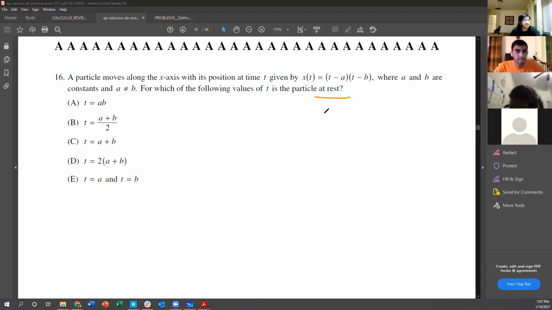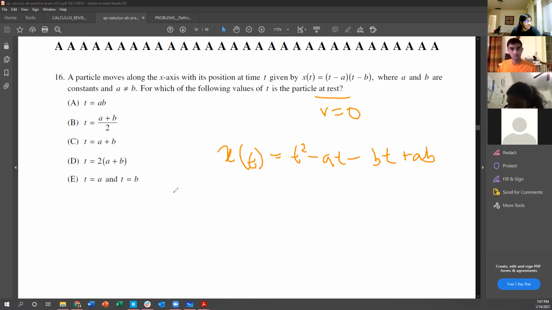So at rest means velocity equals 0. Now, what I would do is I would expand this out. So that means x of t equals t squared minus at minus bt plus ab. And velocity v of t equals the derivative x prime of t, which equals 2t minus a minus b.